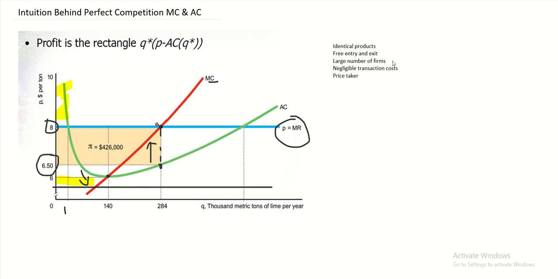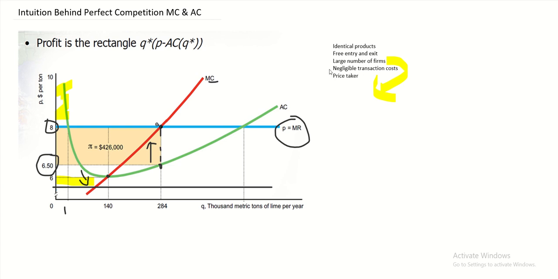And there are large numbers of firms, which leads to them being price takers, because there are large numbers of firms supplying identical products. Then the demand facing each firm is perfectly elastic, because consumers can choose whichever seller to buy from. So any increase in the price set by a supplier will drive consumers away, and they will literally get no consumers at all.